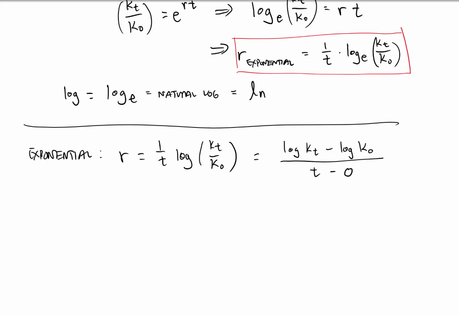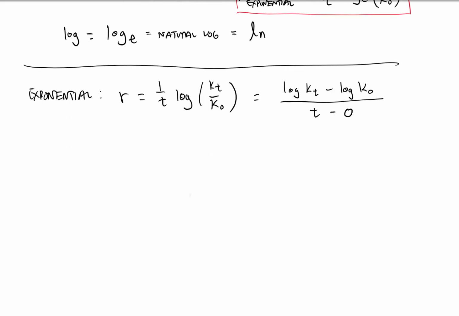Now if you take a look at that, it looks like the difference in something divided by the difference in something. Let's draw a quick picture. Here we have time, here we have time 0, and here we have time t.